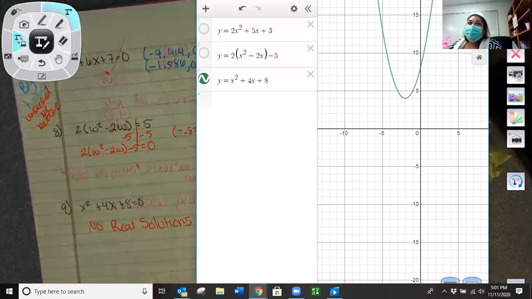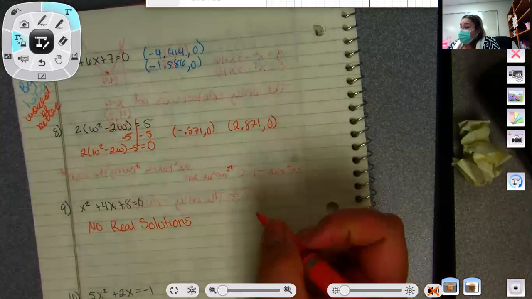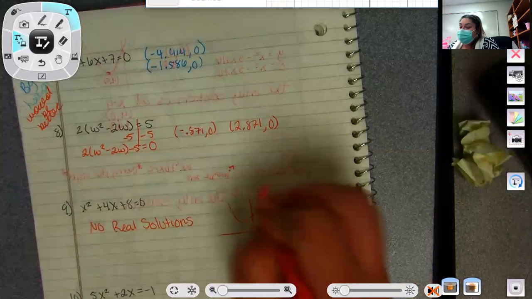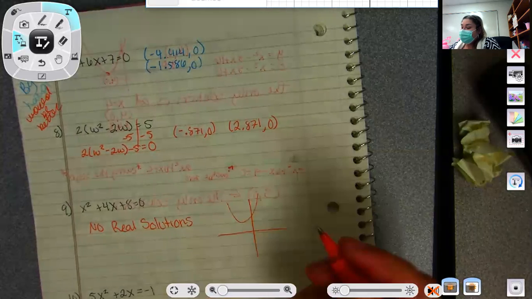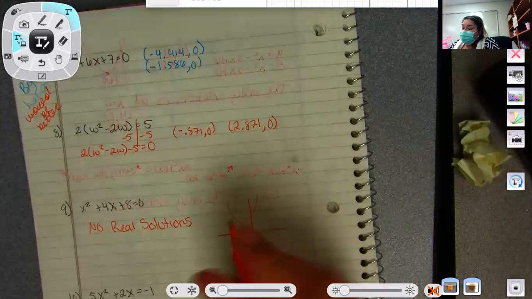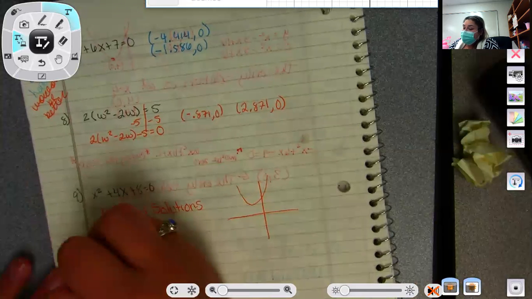But in algebra 2, we're gonna go deeper into solutions, right, in complex numbers. So I just want you to know that this would not be it, right? So you would have a graph and it would look something like this. This is what we got, right? I'm just drawing a rough sketch. It's not crossing anywhere. So for this problem, you would have to use the quadratic formula.